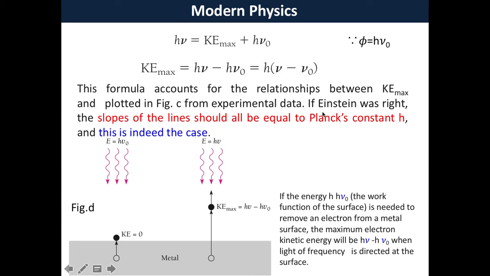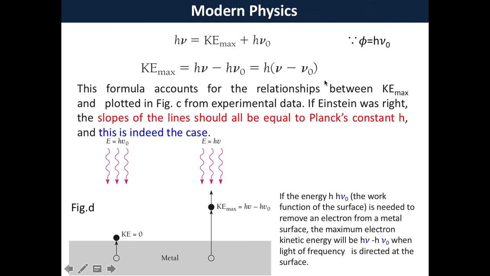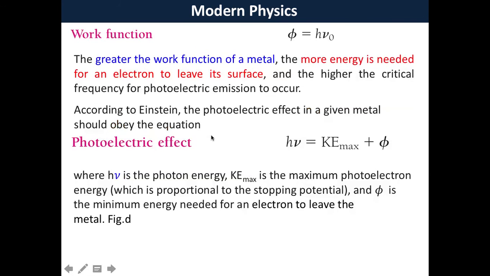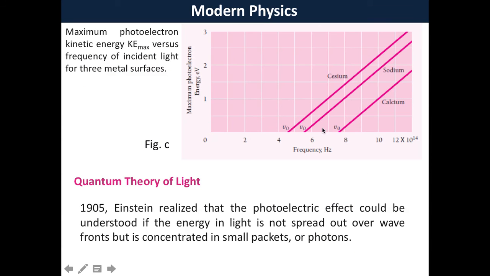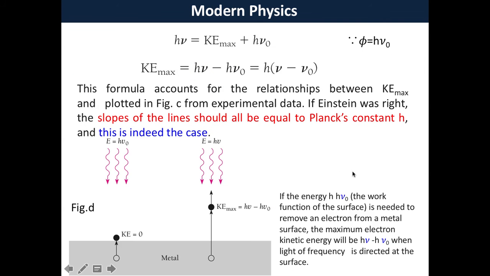If Einstein was right, the slope of the line should be equal to Planck's constant, and this is indeed the case. It means that if you take the slope of this line, it is exactly the same as Planck's constant. It means Einstein was right.